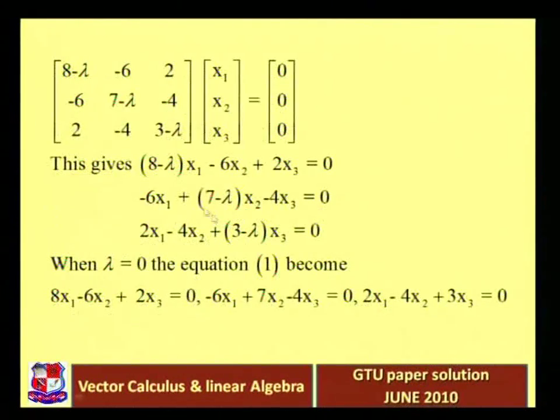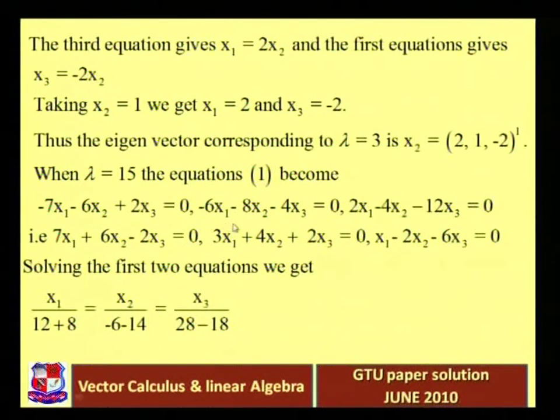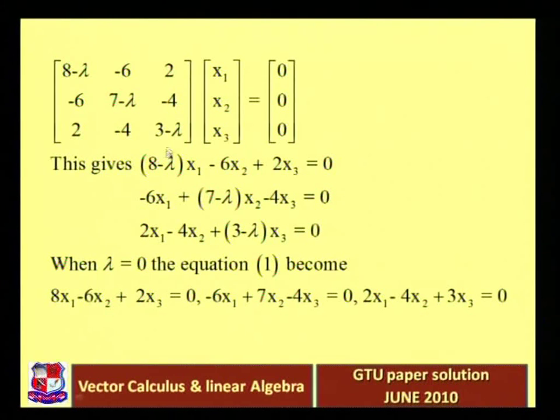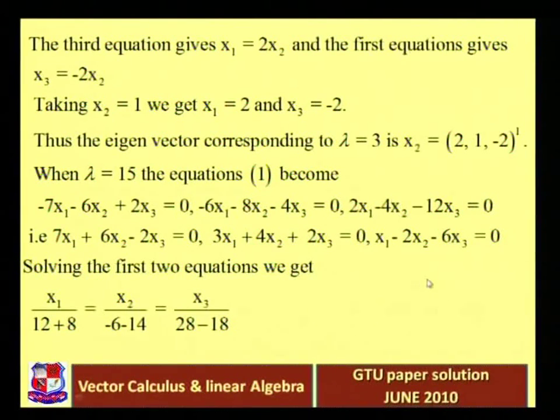Then minus 6x1, 7 minus 15, so that is minus 8x2 minus 4x3 is equal to 0. So this is the second equation, and put lambda equal to 15 in the third row. So 2x1 minus 4x2 minus 12x3 is equal to 0.